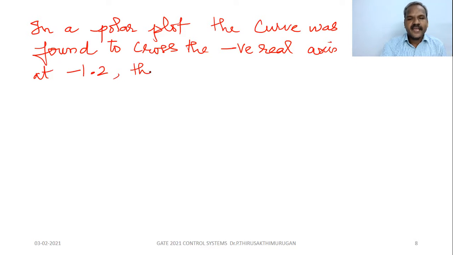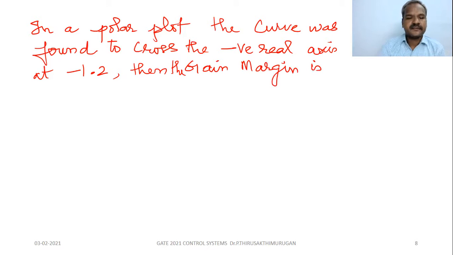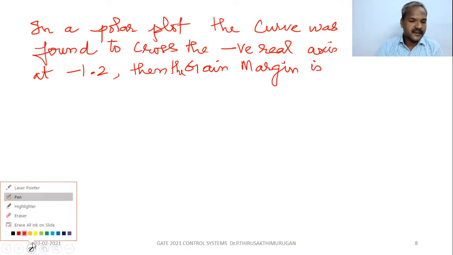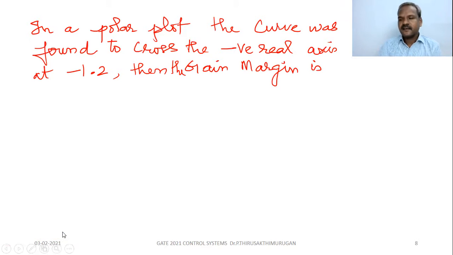Then what is the gain margin? Solution, tell me. The gain margin is given by the point of intersection.